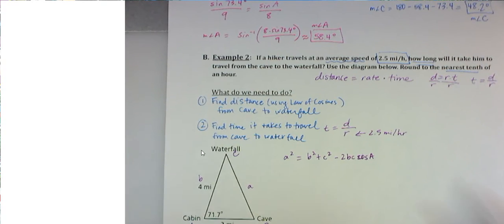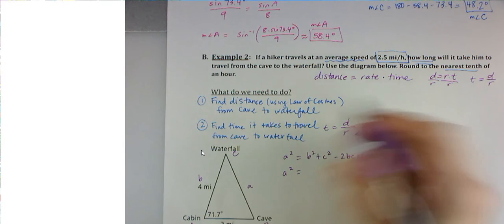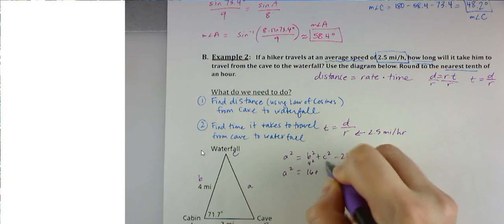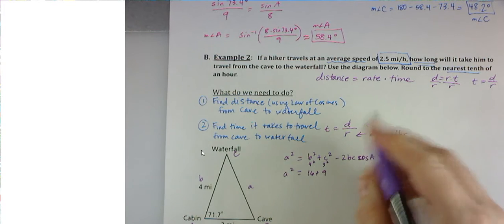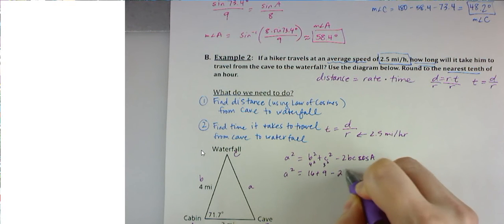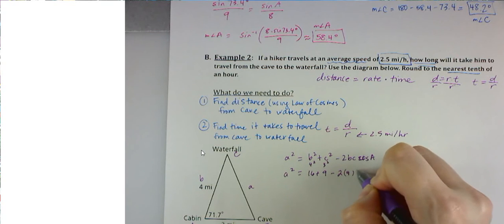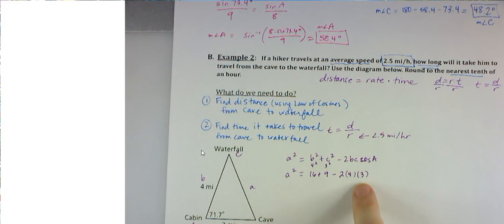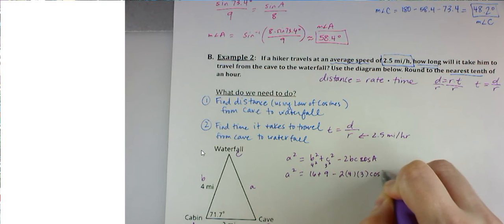That's going to be 9, minus 2 times b, which is 4, times c, which is 3. So 2 times 4 is 8, 8 times 3 is 24. This is the cosine of 71.7 degrees. 16 plus 9 is 25, minus 24 cosine of 71.7 degrees.